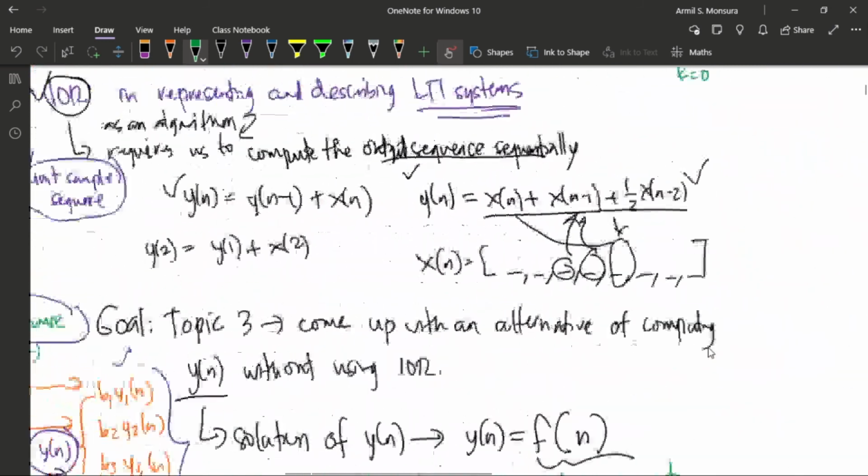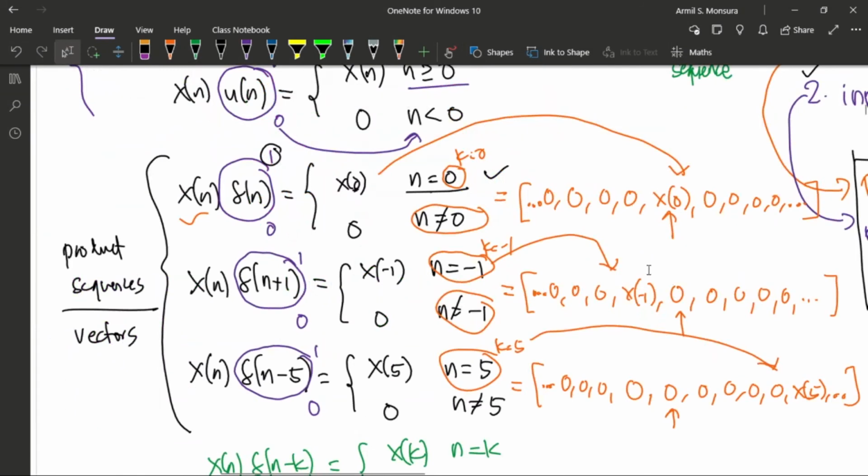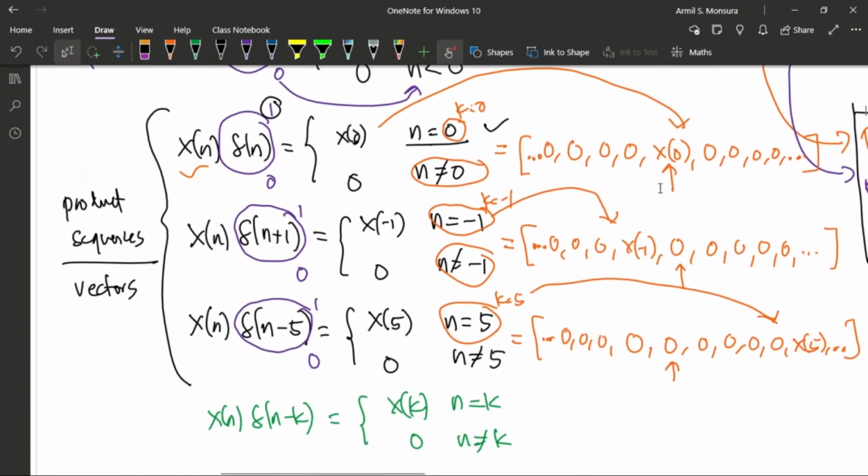Makakabuo tayo ng mga product sequences na to. So kung ilang product sequences ang mabubuo natin, depende kung ano yung length ng x of n niyo. Kung yan ay finite duration, then you can have finite number of product sequences.